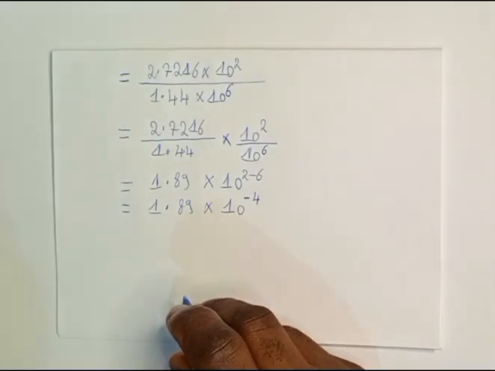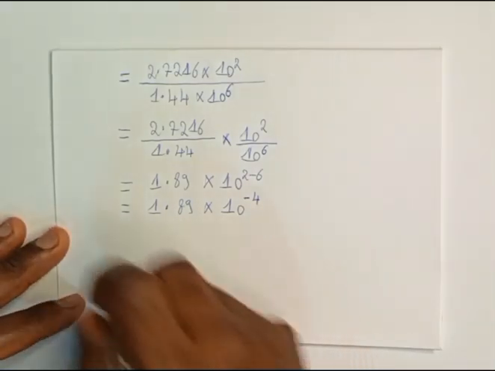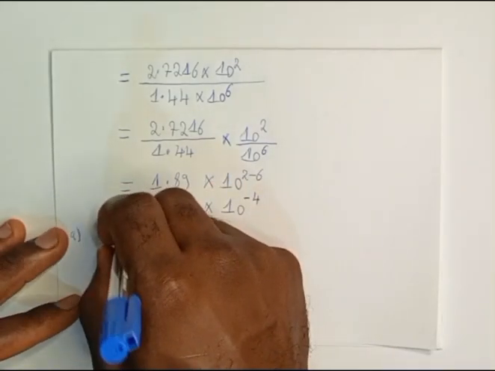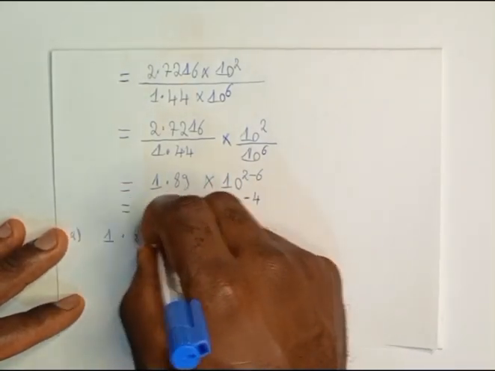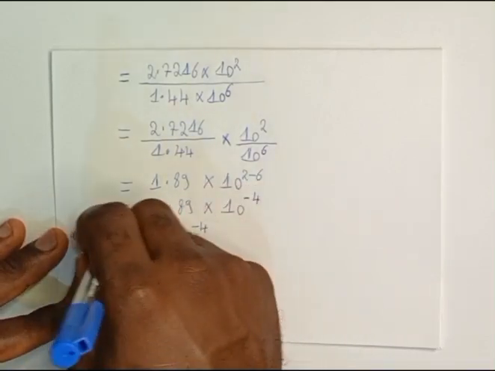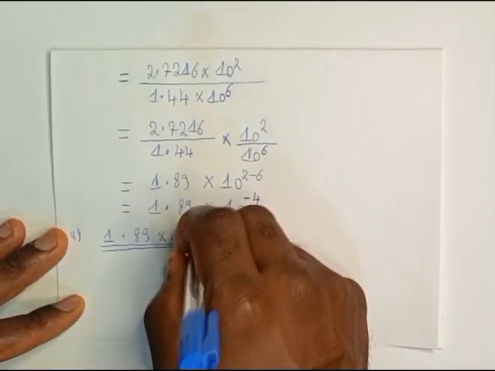Question A is asking us to give our answer in standard form. That means for A, our answer is simply 1.89 times 10 to the power negative 4 in standard form.